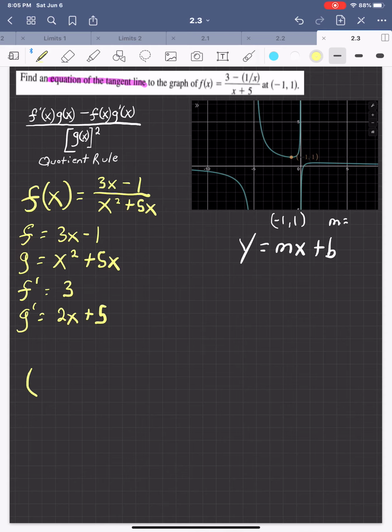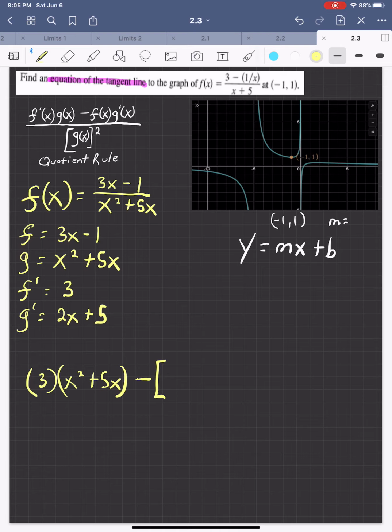So f prime is 3 times g, x squared plus 5x. And that's minus, I'm going to open up some grouping symbols. Okay, so now it's minus what? Minus f times g prime.